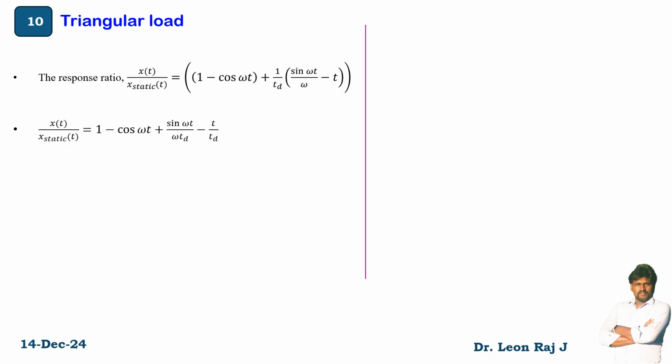This is further rewritten as 1 minus cos omega t plus sin omega t divided by omega td minus t by td, where omega equals 2 pi by capital T. This capital T is nothing but the natural time period, and small t is nothing but the applied force, meaning the forcing time period.